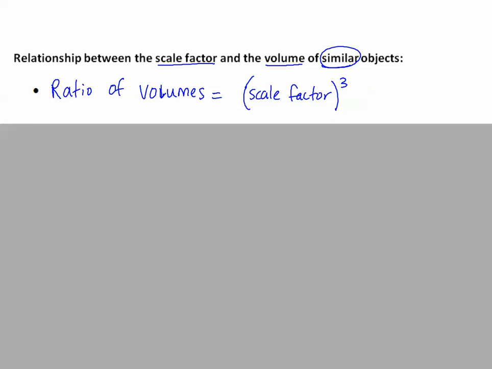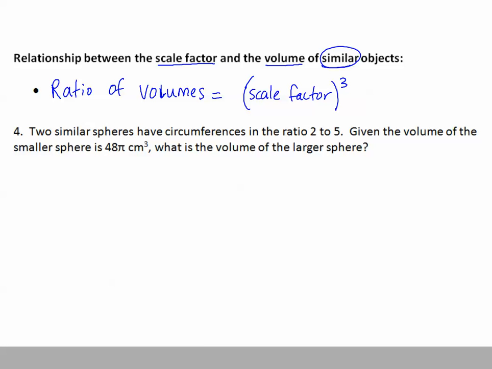Let's take a look at an example using that idea. Two similar, that's important that we know that, two similar spheres have circumferences in the ratio 2 to 5. Given the volume of the smaller sphere is 48 pi cubic centimeters, what is the volume of the larger sphere? Now, notice I'm not underlining the word sphere because it doesn't really matter what the object is.